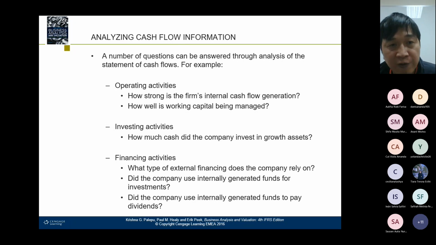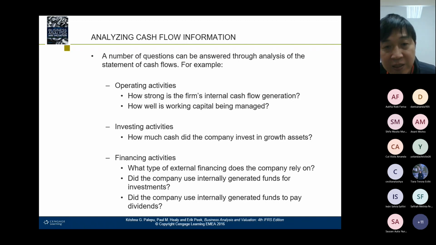Analyzing cash flow information, a number of questions can be answered through the analysis of the statement of cash flows. For example, operating activities, investing activities, financing activities. How strong is the firm's internal cash flow generation?